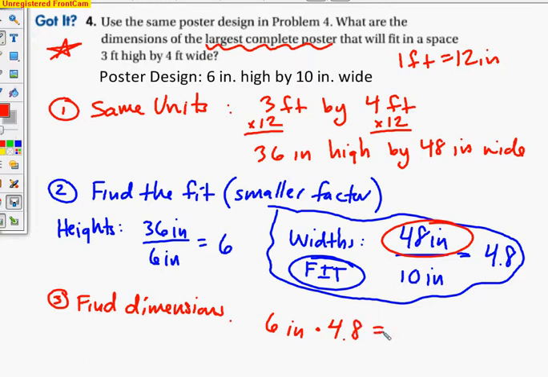And when I do 6 times 4.8, I get 28.8 inches. And that is going to be the height. So your dimensions, or your biggest poster, is 28.8 inches by 48 inches.